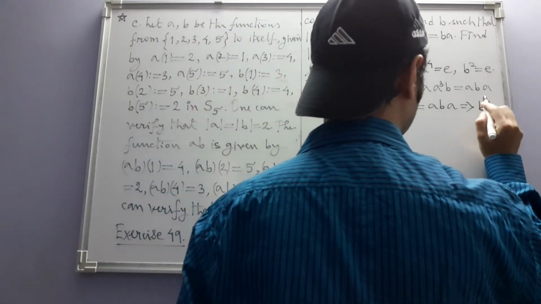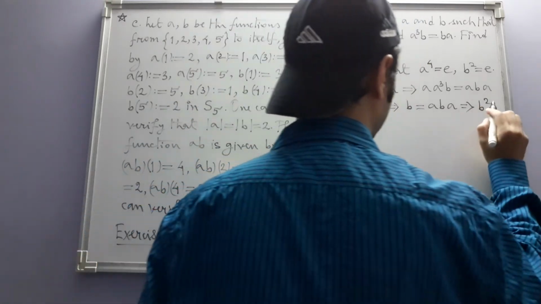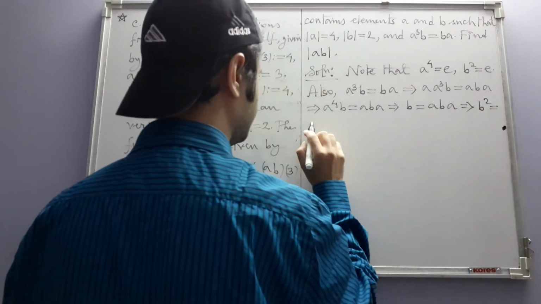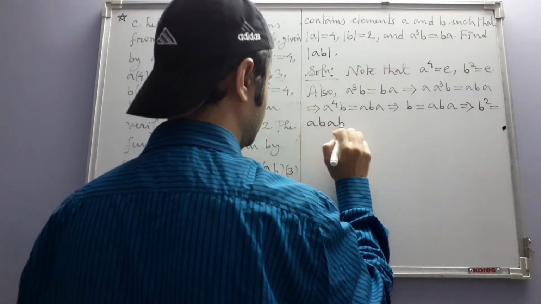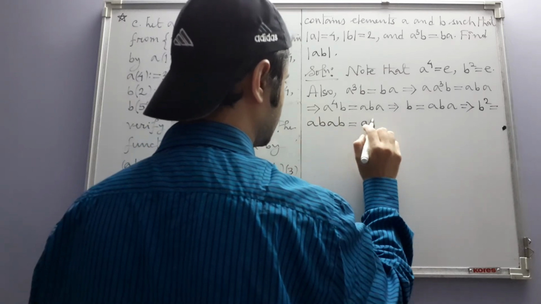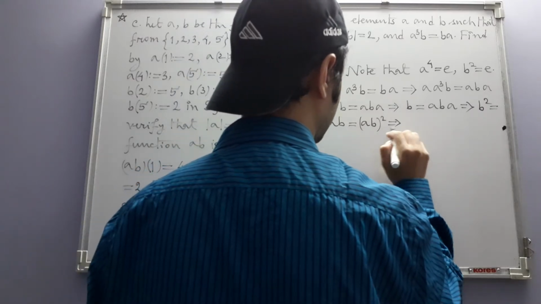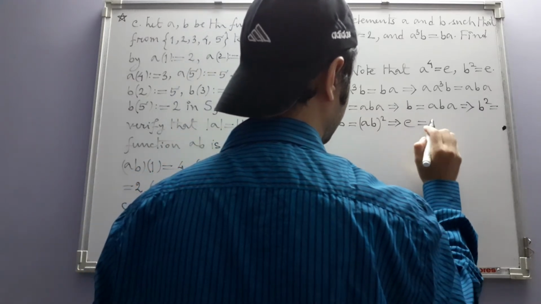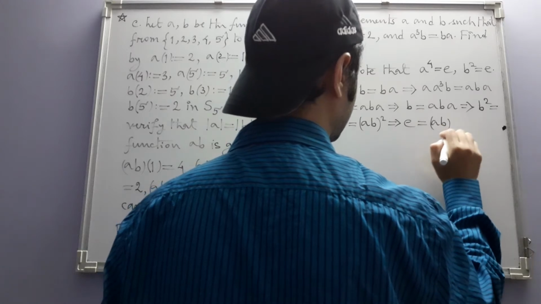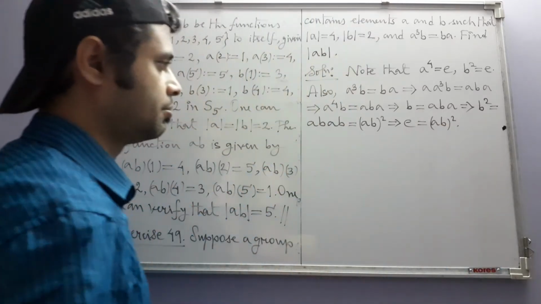So here we have B square equal to ABAB, which is nothing but AB whole square, and this implies E equal to AB whole square.